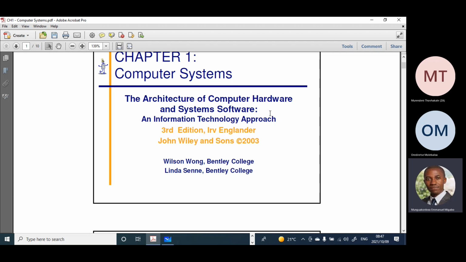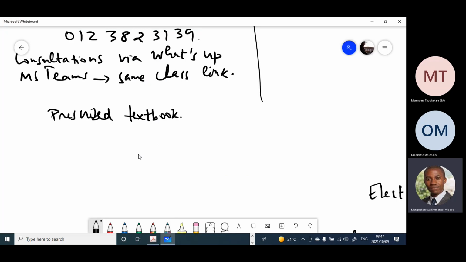A third edition is fine. I'll share a copy with you, you don't have to buy one. I'll share a soft copy so that you don't necessarily have to buy one. That is mostly going to guide us through the theory part, of course. So that is the prescribed textbook.